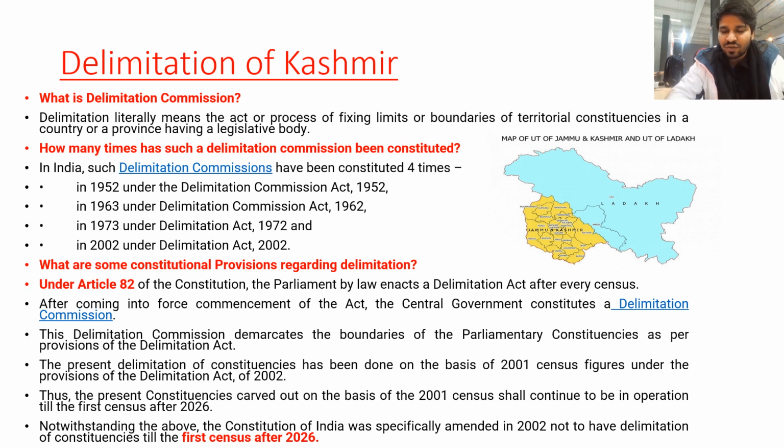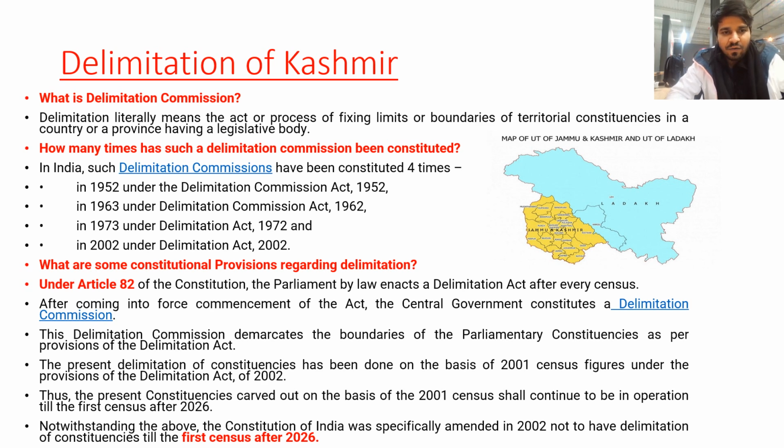Delimitation commissions have been put into place for different occasions. For example, for the current time, the delimitation commission under the Act of 2002 is in place, right, which will decide the delimitation of the constituencies of a state based on the Delimitation Act of 2002, right?